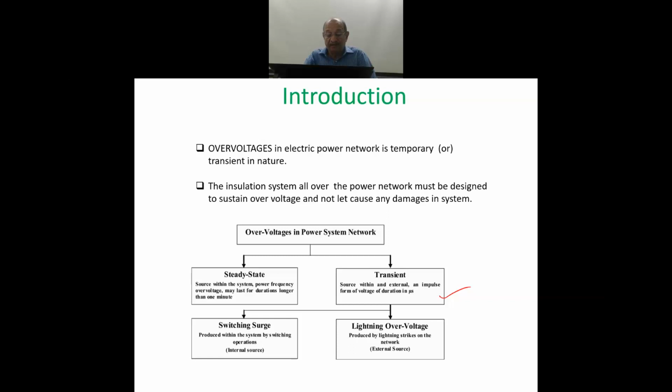Lightning injects heavy current, and that develops the voltage, and the system is running at its rated power frequency voltage. So the voltage developed by the lightning current injected on the conductor is superimposed on the rated voltage.